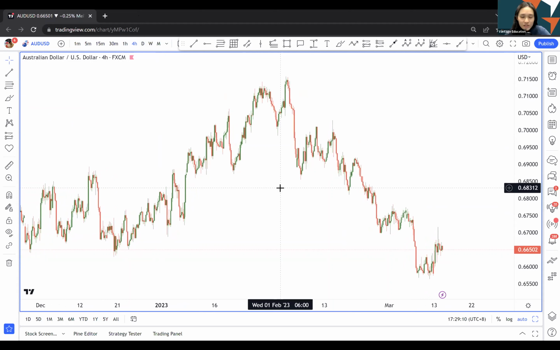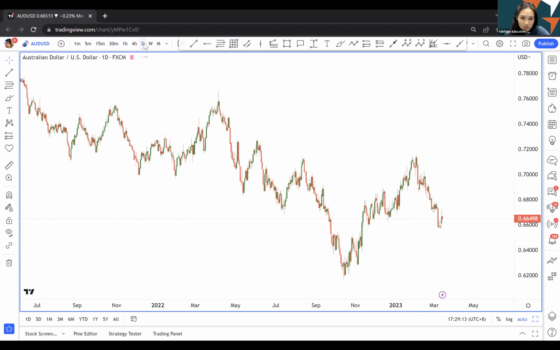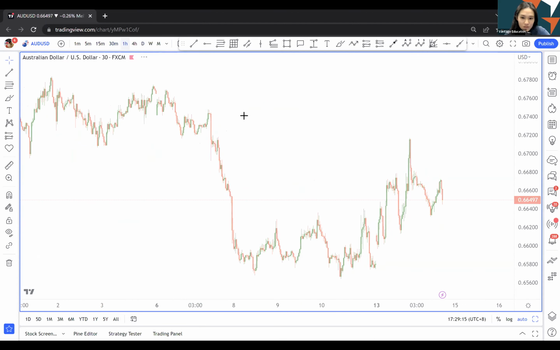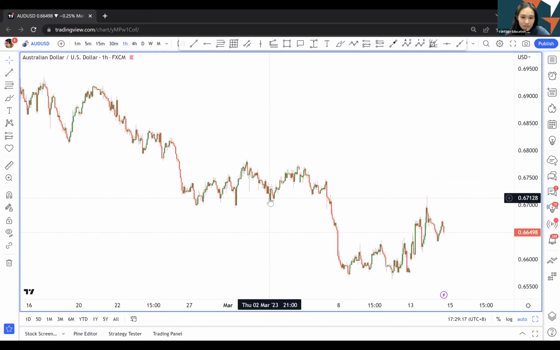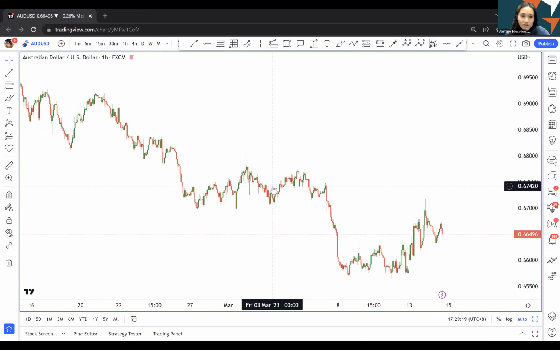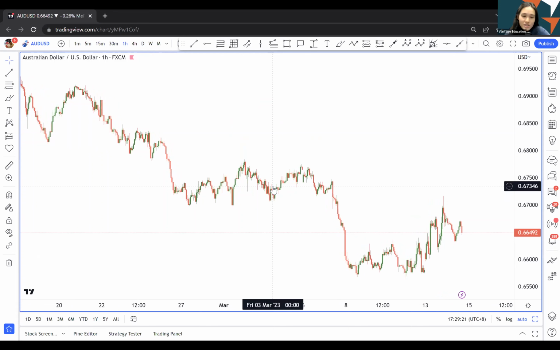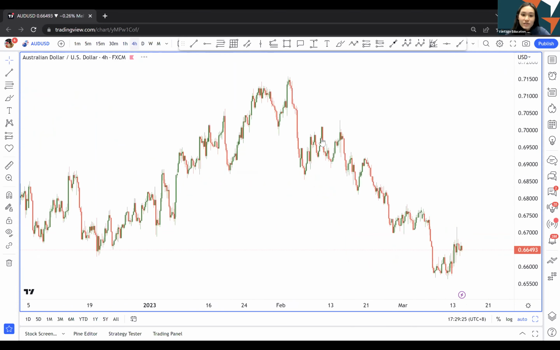If you are looking for starting points, you want to choose a chart that has significant market structure, something like this with very significant swing highs as well as swing lows, because as we mentioned from the slides, we want significant swing highs and lows.